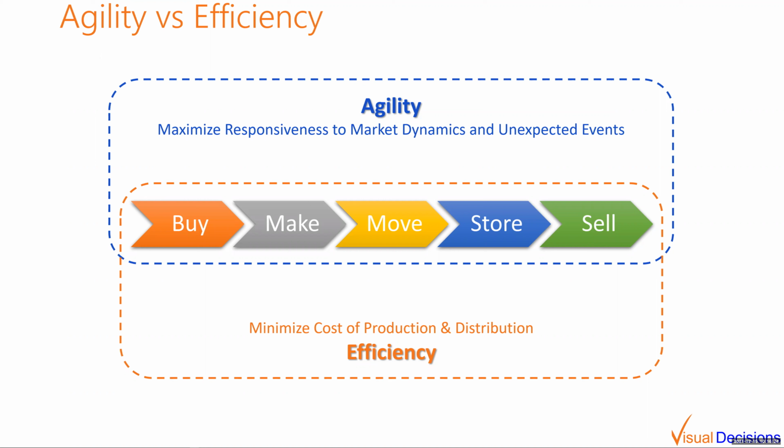Agility allows us to maximize the responsiveness to market dynamics and unexpected events, as we've seen in the past couple of years. With supply chain issues, with labor issues, people not showing up for work, people retiring or leaving their jobs, how do we as a company maximize not just our agility but robustness to these different disruptions?